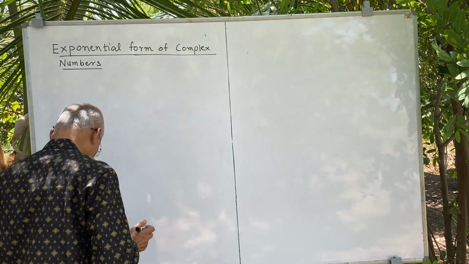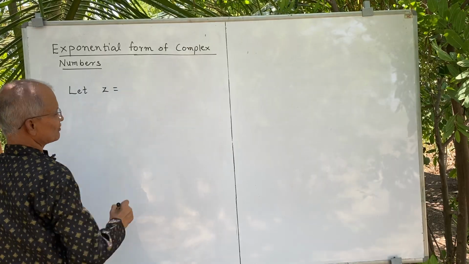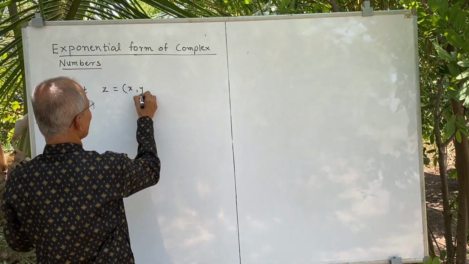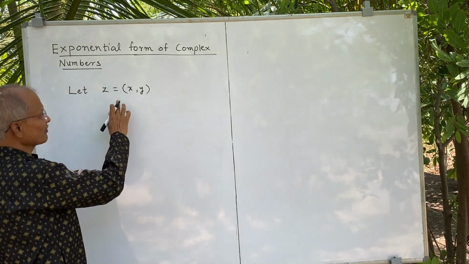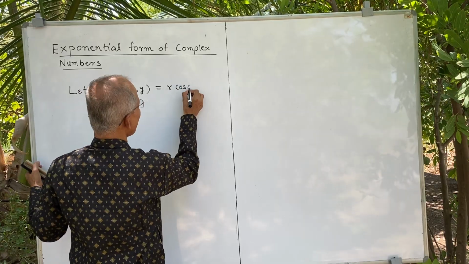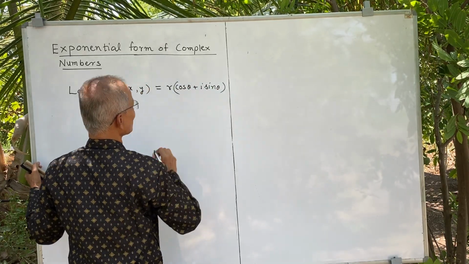So, let z be a complex number which in rectangular form or Cartesian form is written as the ordered pair x comma y, and in polar coordinates we have written this as r times cos theta plus i sin theta, where r is common.